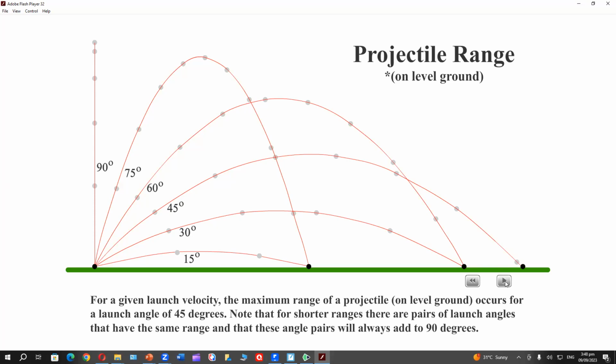Sir, 45. 45-degree is giving me the maximum range. Good. Can you tell me, you take maths also, why 45-degree is giving me the maximum range? Sir, I suppose it is the direct half of 90, right?